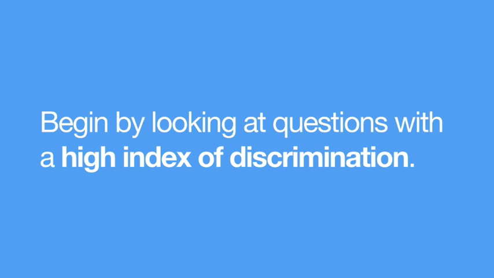So if there's a question with a particularly high index of discrimination, that's a good place to start. How are the bottom 27% of students answering? Are they fixating on one incorrect alternative? Well, this might mean that there's a misconception among our bottom students. Are they evenly distributed among the alternatives? Well, maybe the question's too difficult or they're simply guessing at this point.